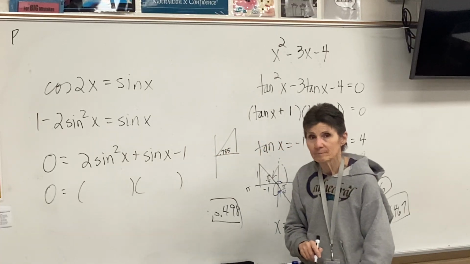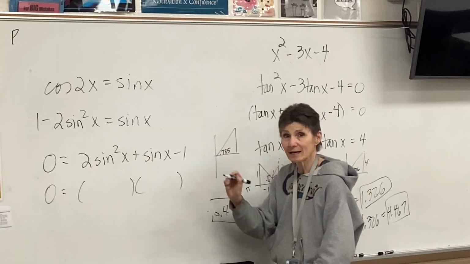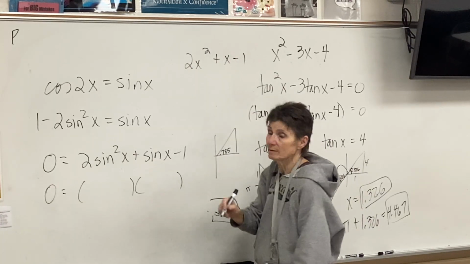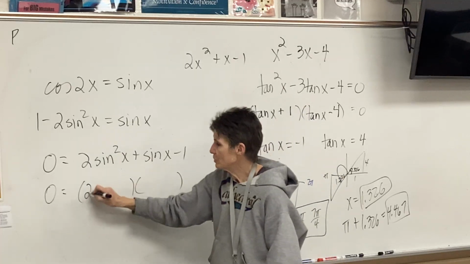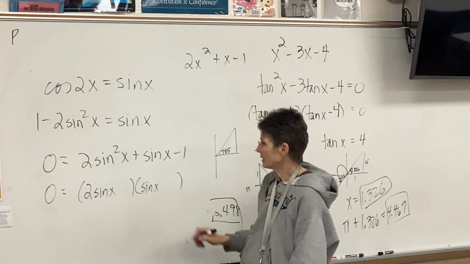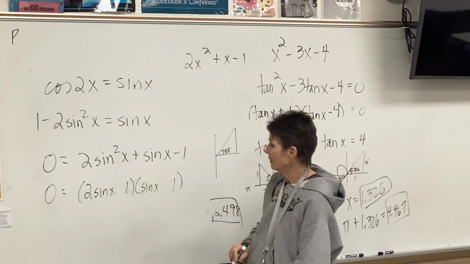Let's factor it. Again, if you can't factor that, think of it as 2x squared plus x minus 1. So I'm going to have 2 sine and sine. Got to have a 1 and a 1, just got to figure out which signs.